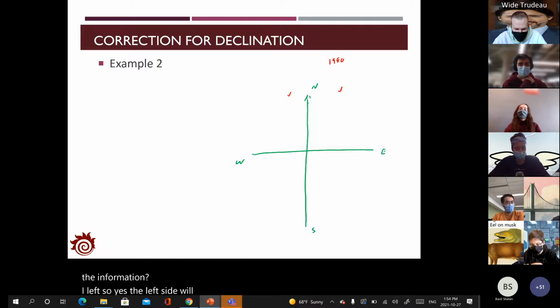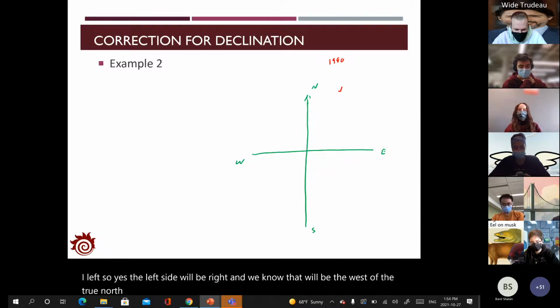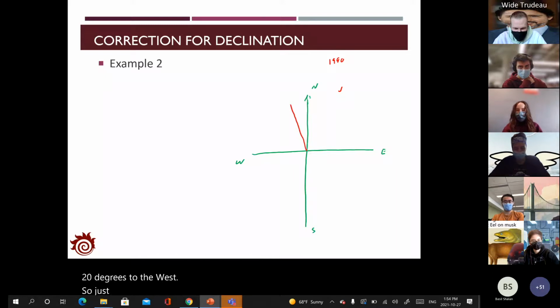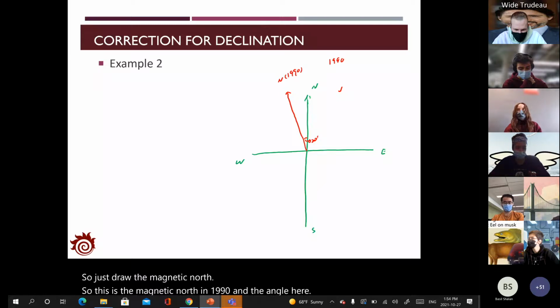And we know that will be the west of the true north. The value is 20 degrees to the west. So just draw the magnetic north. This is the magnetic north in 1990, and the angle here is 20 degrees, so it's 20 to the west.